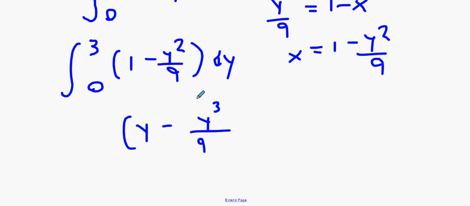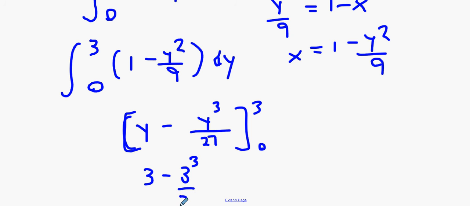What do I have to put underneath? An extra 3. 9 times 3 is 27. And this is from 3 to 0. Lob in your 3's and see how we go. 3 minus 3 cubed over 27. Take away your zeros, isn't it?